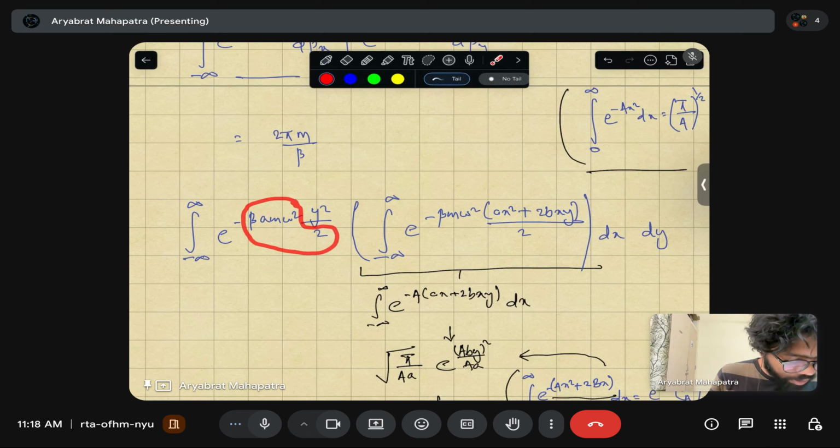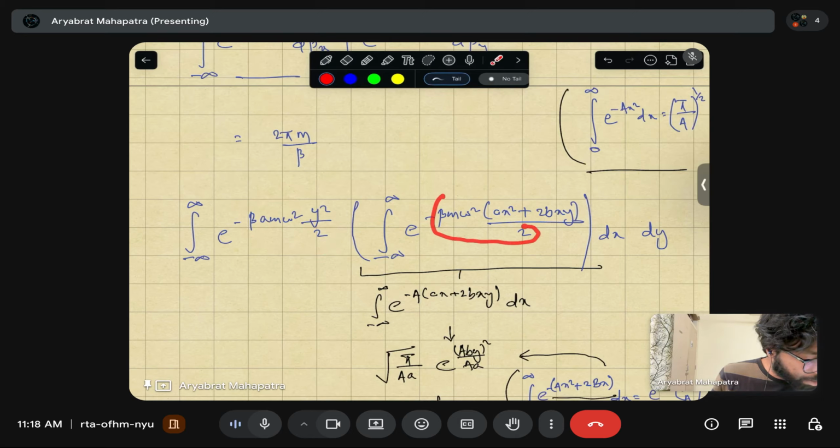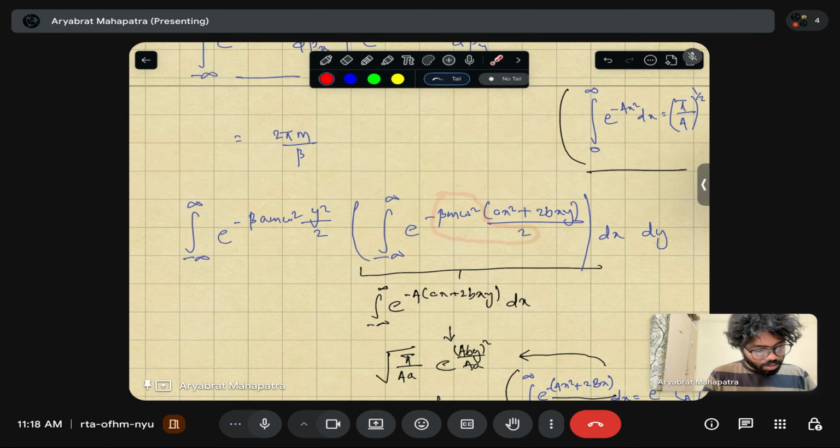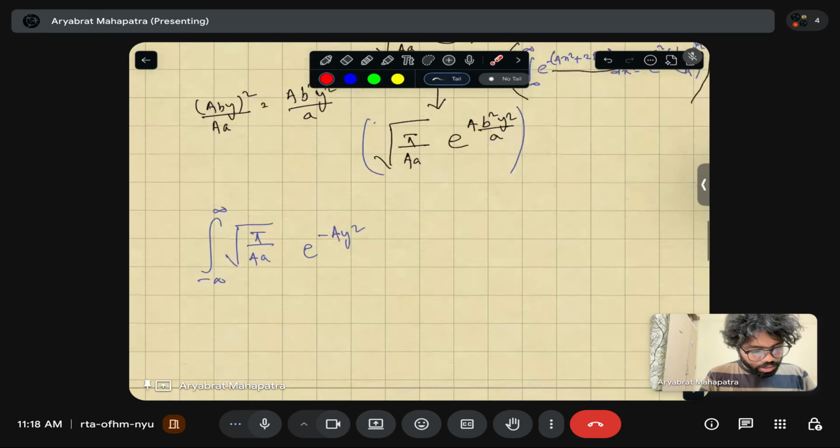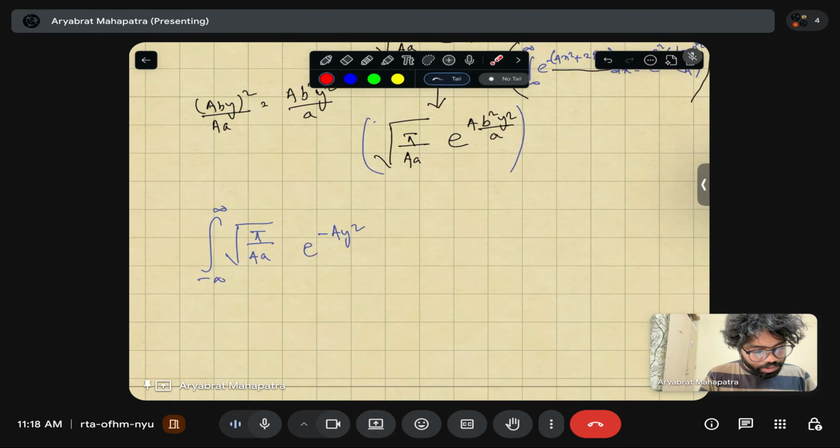This is basically this one. So even here also, the big A which I wrote, this is what beta m omega square over 2. So that means this is exponential. So this factor, that is a b square y square over a, and this is over y integration.